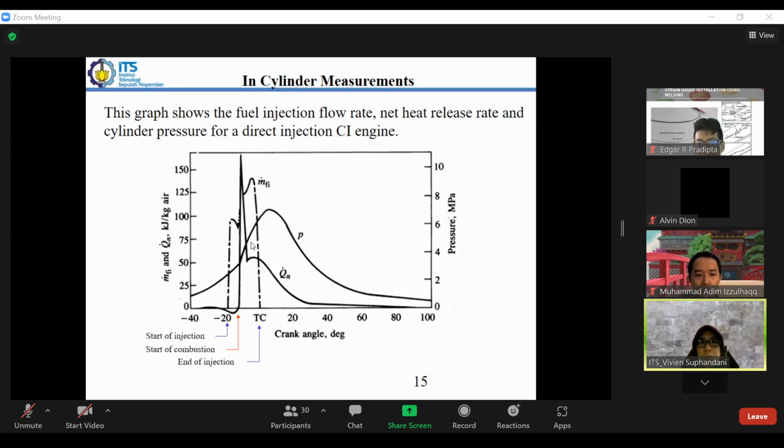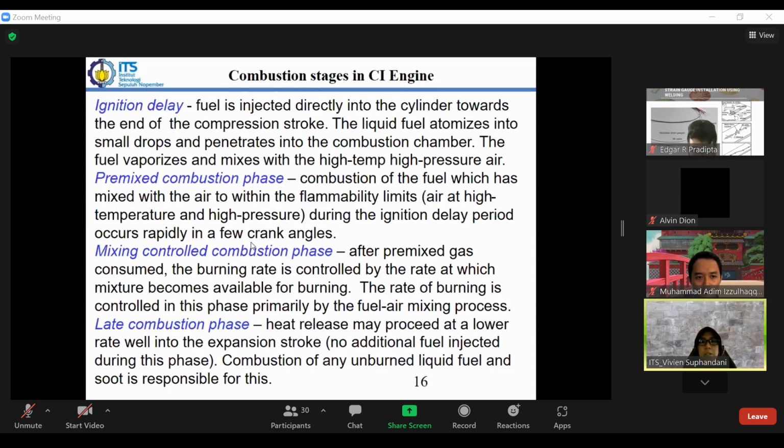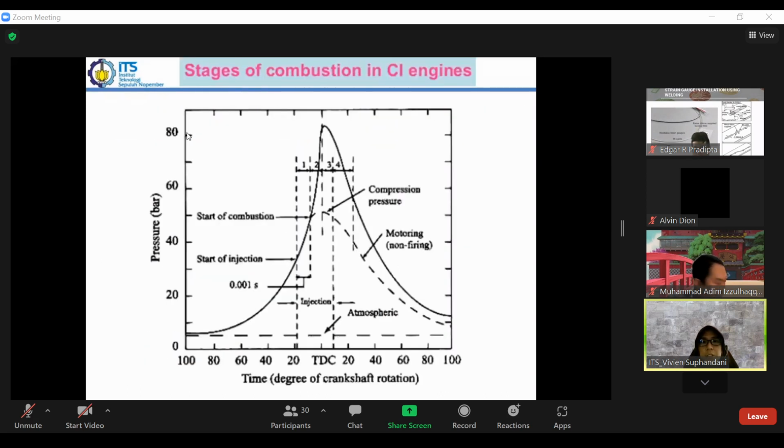Basically, we have 4 phases there. 1, 2, 3, and 3 here is already going down, and then 4 further.